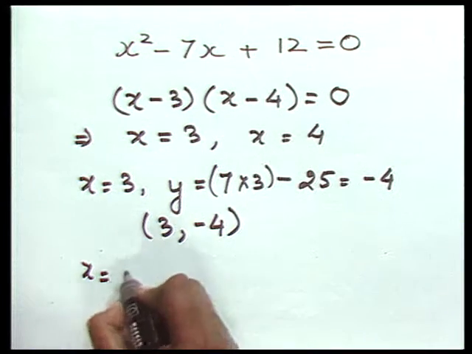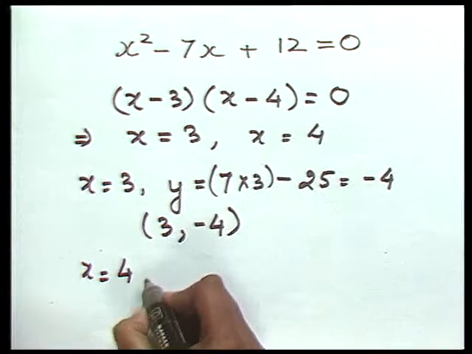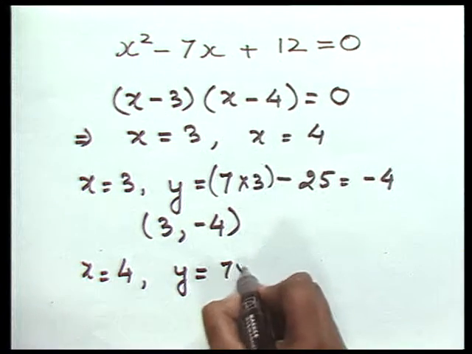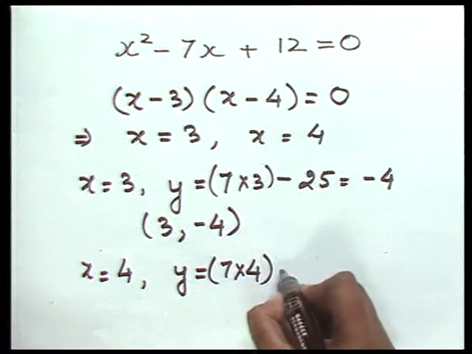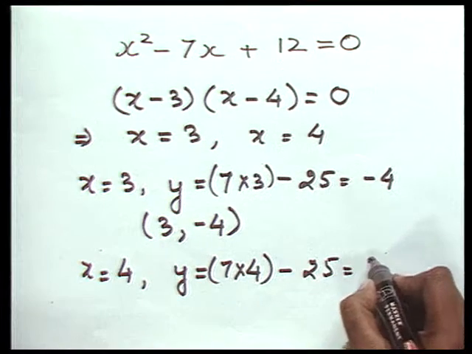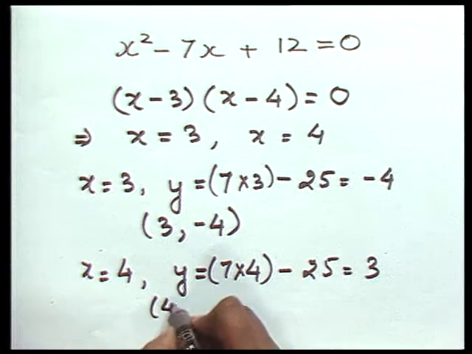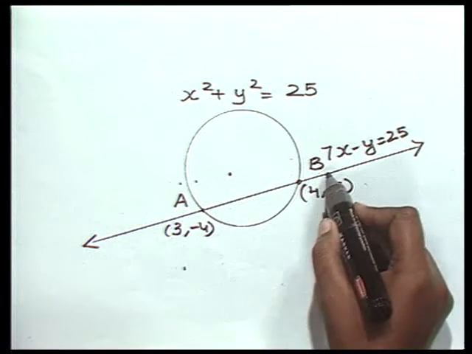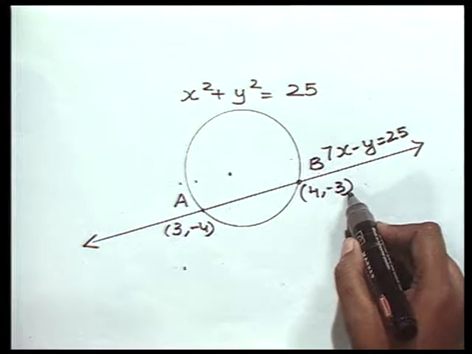When x is equal to 4, from here again we get the value of y as 7 into 4 minus 25. Solving this, we get the value of y as 3. So, another point of intersection of the circle and the line is (4, 3). So, we find that the line intersects the circle at two distinct points, (3, minus 4) and (4, 3).